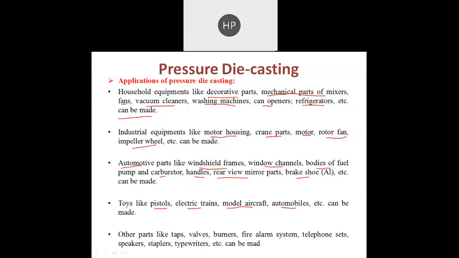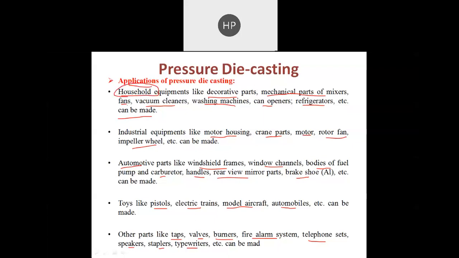And other parts like taps, valves, burners, fire alarm systems, telephone sets, speakers, staplers and typewriters can be made by pressure die casting. As you can see, pressure die casting has a wide area of application.